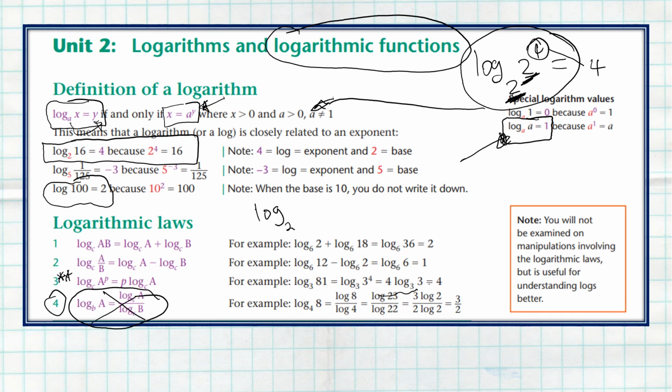Let me say log base 2 of 3. This is called the change of base log rule. What actually happens is that this can be written as log 3 over log 2.